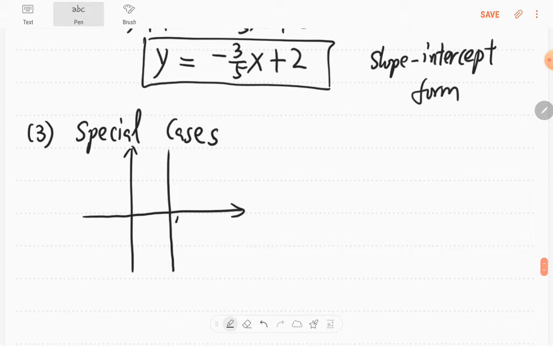For example, this is a vertical line at 4. What is the equation for this vertical line? We have no slope, so we cannot use the point-slope form. The equation of the line is actually x equals 4, because all the points have no restrictions on the y coordinates. The only restriction is that the x coordinate must be 4, so this is x equals 4.